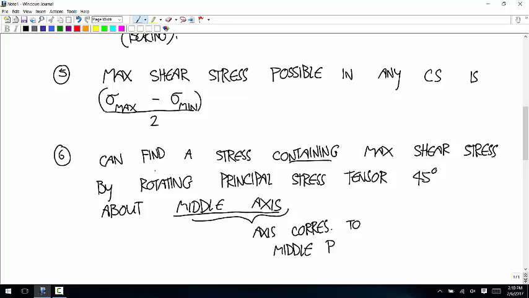That's just a sort of direction thing. So you can think of this as an absolute value. Actually, let me write that here as an absolute value. So this middle axis I'm talking about is the axis corresponding to the middle principal stress. Boring one.